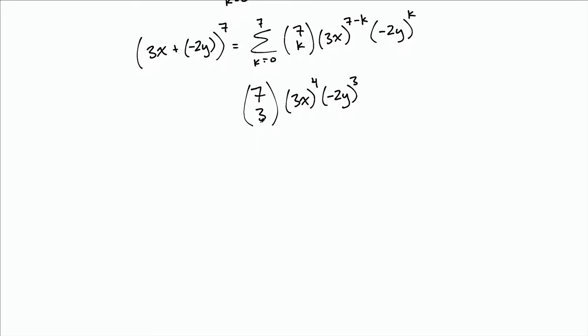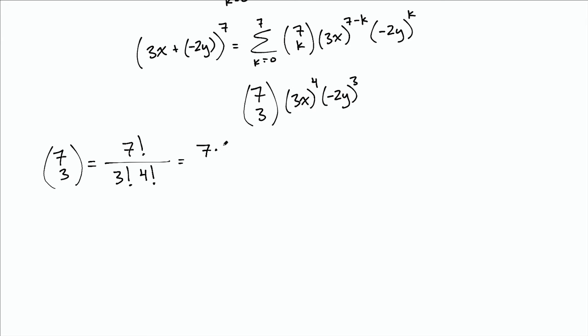So let's look at our coefficient first. 7 choose 3 is 7 factorial over 3 factorial times 4 factorial. Down in the denominator you'll have this number factorial, and then the two numbers will add up to that top number. So we start to expand our numerator.